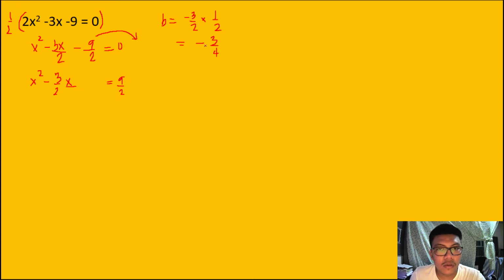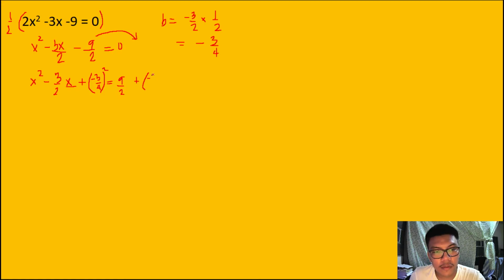Okay? Then you get the square of the half of the coefficient of x. You add it to both sides of the equation. So plus, okay, yung square daw nung half nung coefficient ni x. So we have negative 3 over 4 quantity squared. Then both sides siya, no?